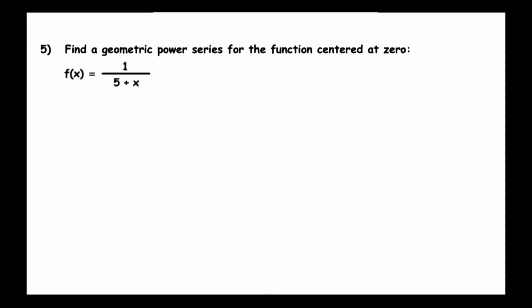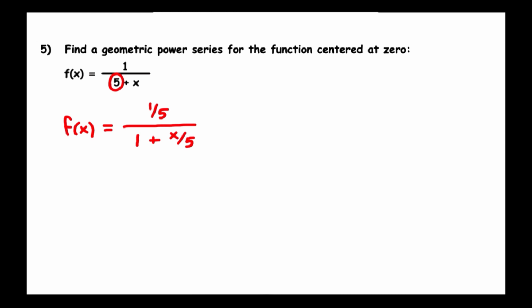All right, we want to turn it into a geometric power series. It has to start with 1 minus. Right now that's a 5. That's not acceptable. So we're going to divide everything by 5. That way we have the 1 that we need. This will be 1/5. And this will be plus x over 5. But remember, we also need it to be 1 minus r in the denominator.